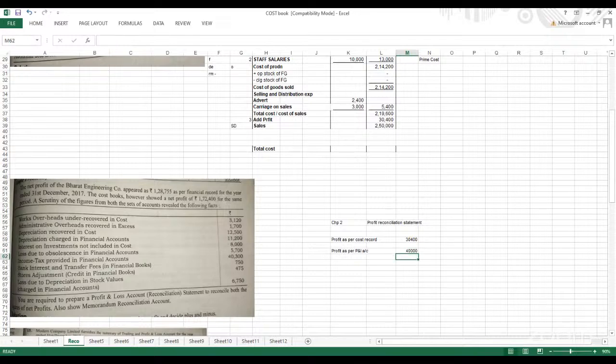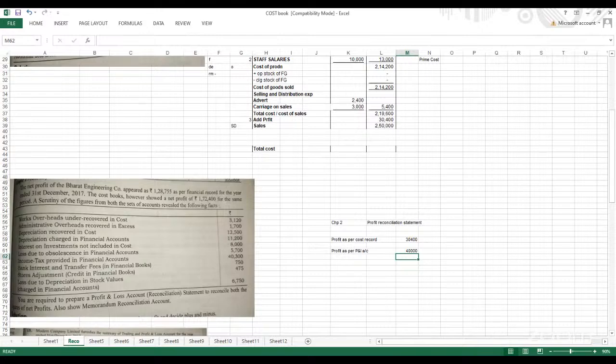Same company, same expenses, same incomes, but still the profits are different. So this may happen, and we have to find out why this difference is there. We have to reconcile the two figures and see which items are causing the problem.